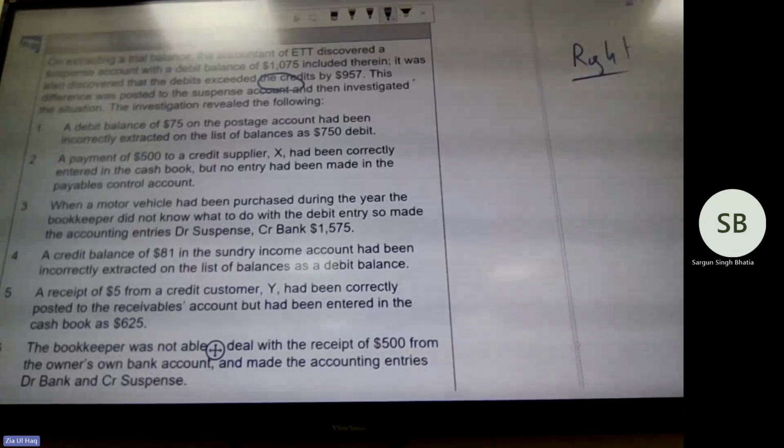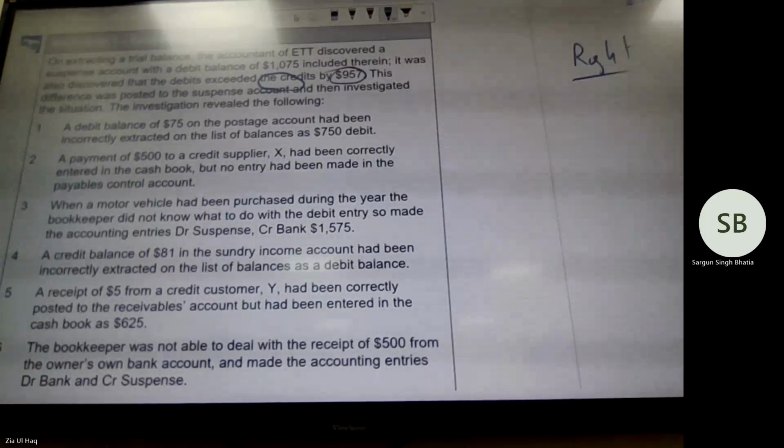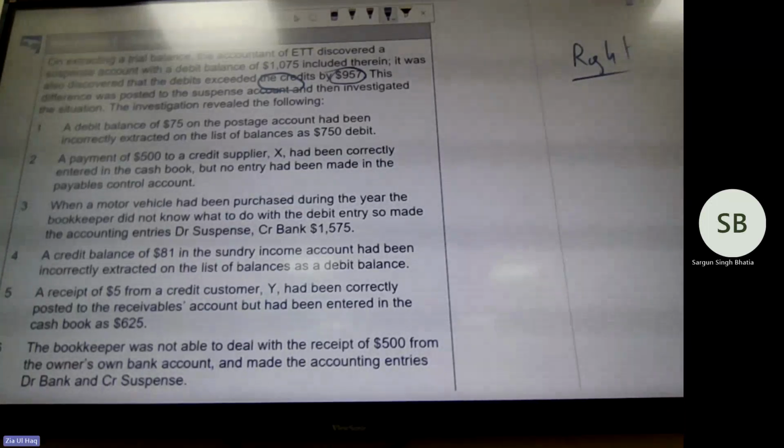It was also discovered that the debit exceeds the credit by 957. In trial balance, the debit side is more by 957.